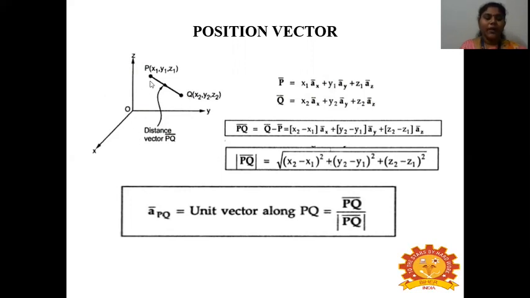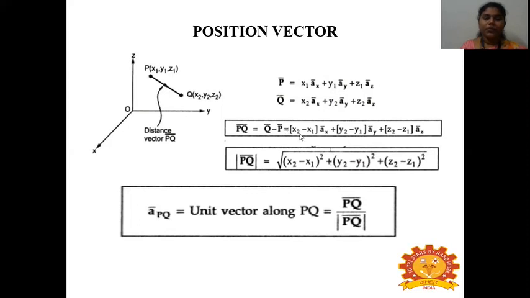So now we have to find the distance between these 2 points. So how we will find out the distance between these 2 points? First we have to subtract the P vector from Q vector. Okay. So PQ vector can be obtained by Q vector minus P vector.